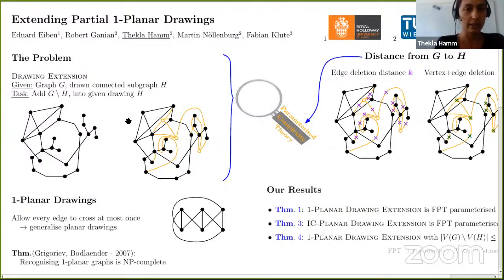We're of course not the first to study such drawing extension problems. In particular, previous work includes the drawing extension problem where you want the resulting drawing to be planar. But what we looked at is arguably one of the most important generalizations of planar drawings, namely one planar drawings, where each edge can cross at most one time.